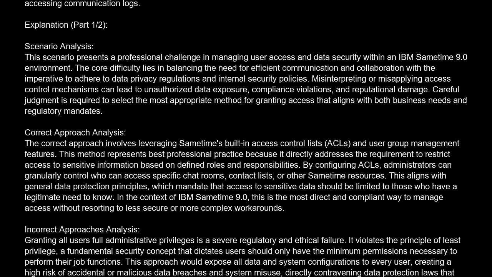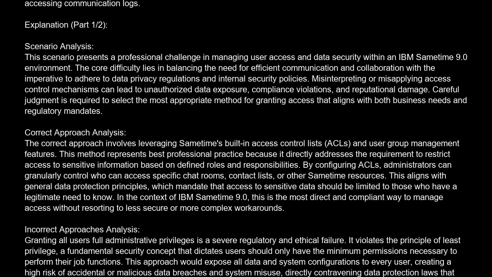This aligns with general data protection principles, which mandate that access to sensitive data should be limited to those who have a legitimate need to know. In the context of IBM Sametime 9.0, this is the most direct and compliant way to manage access without resorting to less secure or more complex workarounds.